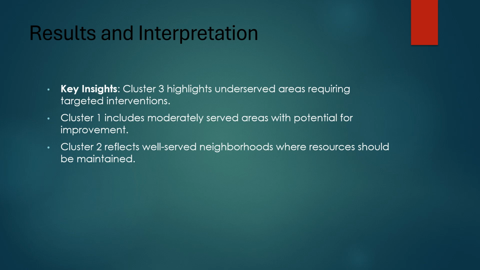So cluster 1 is not too bad, but we can do more. So we can take note of that as well. And also, cluster 2 reflects well-served areas where resources should be maintained. So even though they have good resources, we should make sure that they don't get reduced. We should maintain that level.